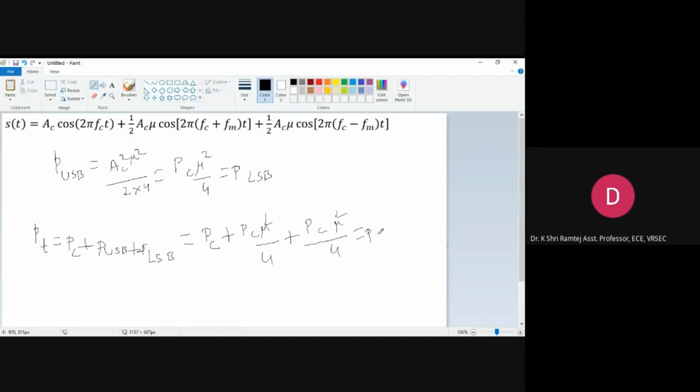If we take PC common, it will be 1 plus mu square by 4 plus mu square by 4, which becomes 2 mu square by 4, equal to mu square upon 2. So the total power required to transmit the AM waveform can be given as PC into 1 plus mu square by 2.